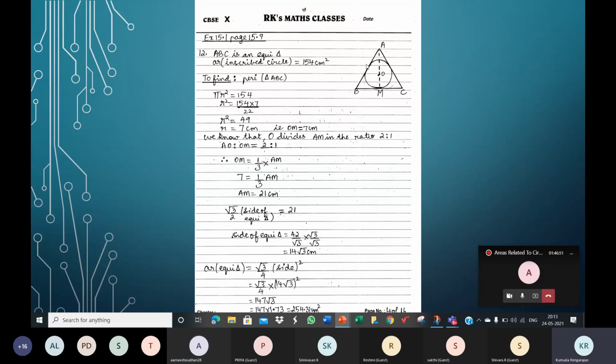On AM, we have 2 segments, AO and OM. AO is 2 parts, OM is 1 part. So AM is 3 parts. AO is 2 out of 3 of AM, so 2/3 into AM. OM is 1/3 of AM. Understood, ma'am.